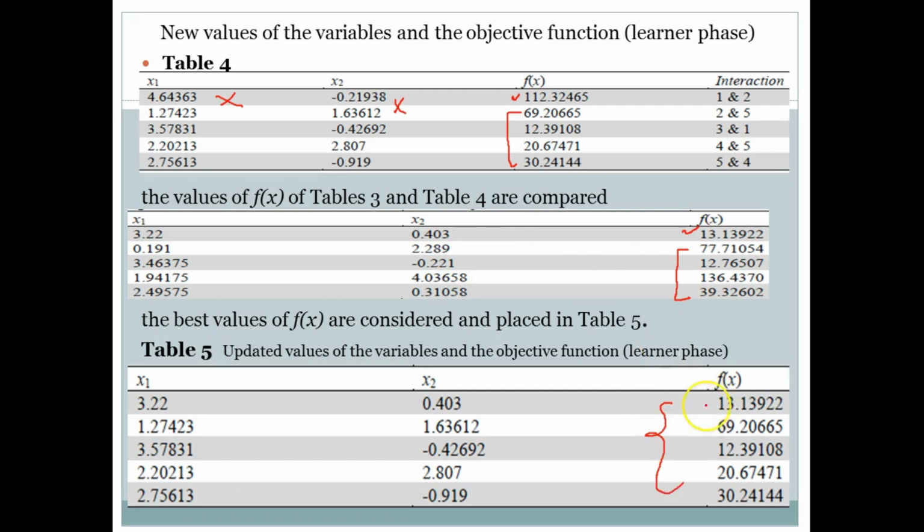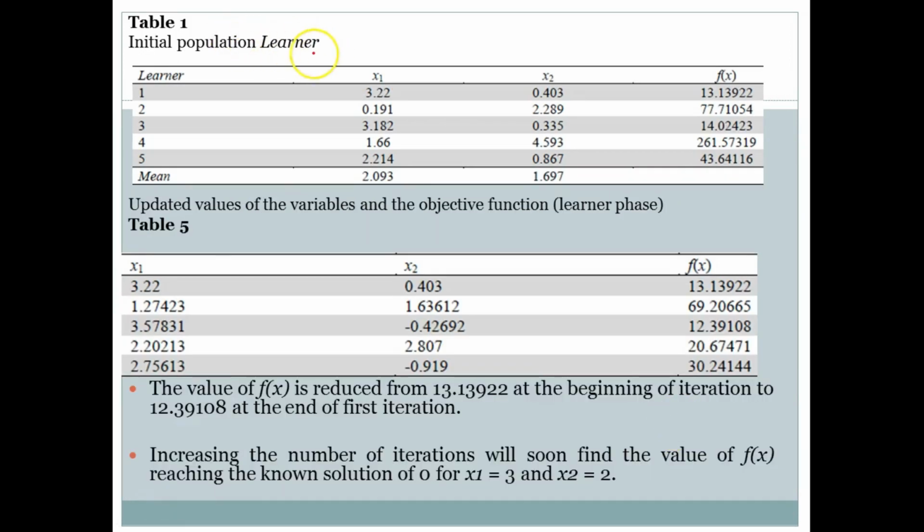Now, if you look at this table and compare it with table 1, we are able to comment on whether we are moving toward the solution, or whether we are able to improve our results or not. So here in table 1 is the initial population that we started with. These are the different values with their objective functions.